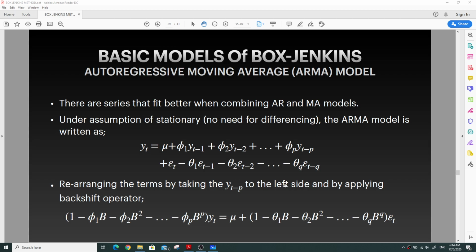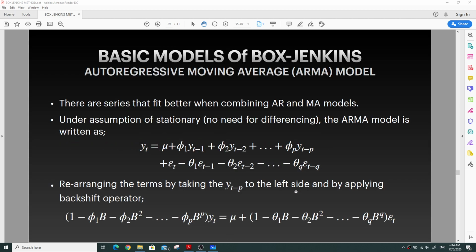Also for AR and MA models, our original series is stationary. When it's stationary, based on the pattern of ACF and PACF, which I will explain later in the application part, we can determine the order of p and q.